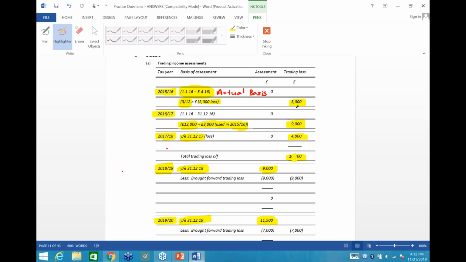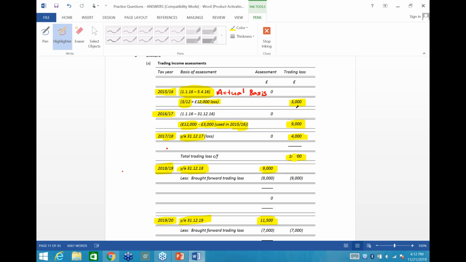Now, what is carry forward relief? If the business has incurred a trading loss, it can be carried forward to set off only against future available trading profits in the maximum possible way. You have a trading loss this year, you carry it forward and you can set it off against the first available trading profits of the same trade, not against any other trade.